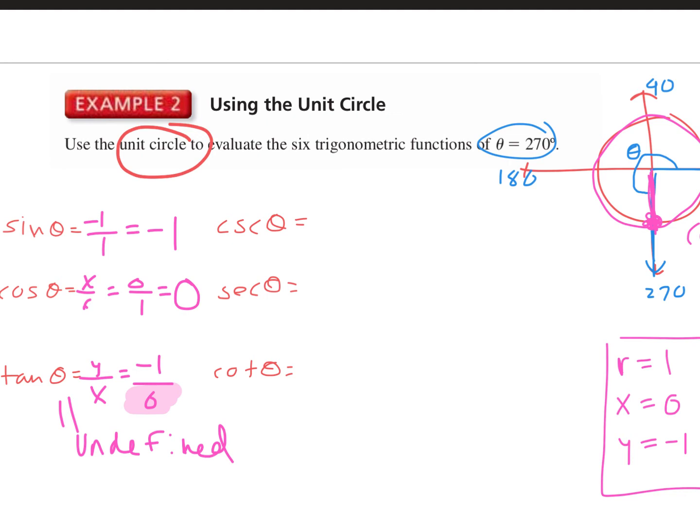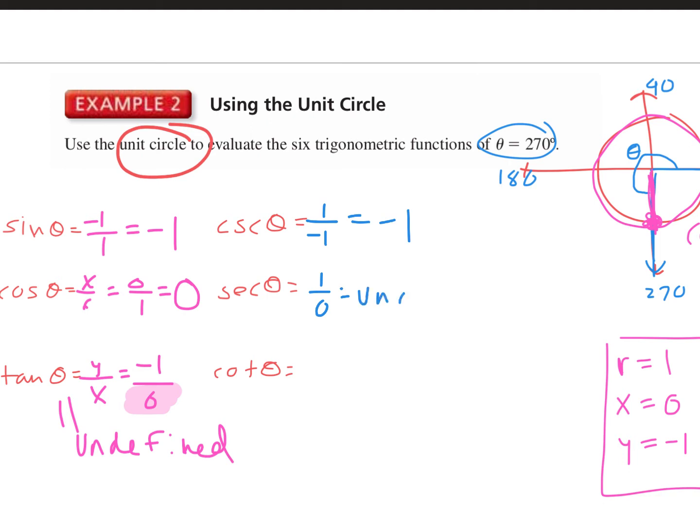Now let's find our reciprocals. If sine was negative 1 over 1, cosecant would just be 1 over negative 1. And what does 1 over negative 1 simplify to? Negative 1. If cosine was 0 over 1, secant is the flip, so 1 over 0. What does 1 over 0 simplify to?